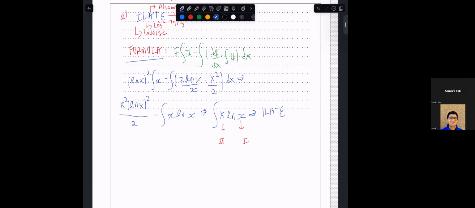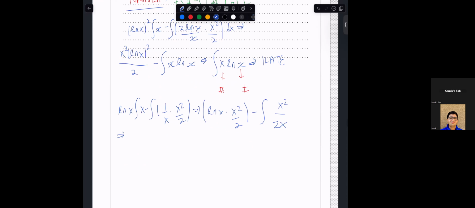So now in this basic one, we'll just bring this ln x. You put x minus the derivative of ln x, very easy, 1 by x, into the integral of x squared upon 2. This is ln x into x squared upon 2 minus the integral of x squared upon 2x.